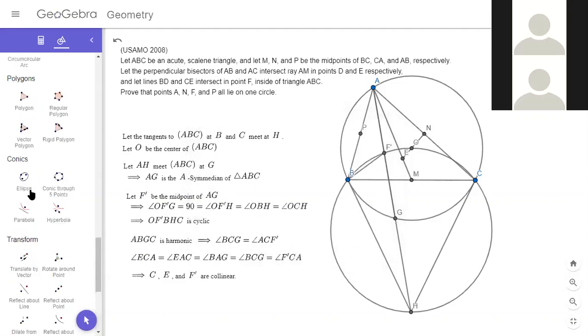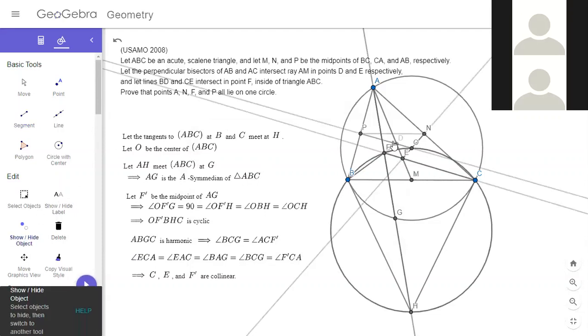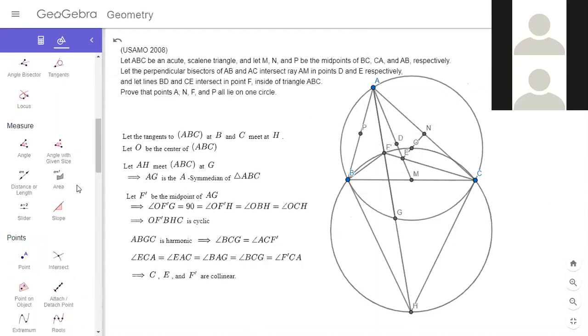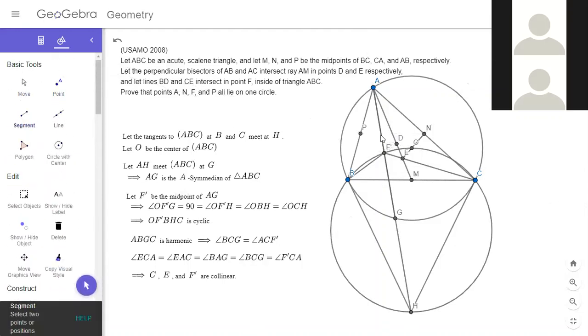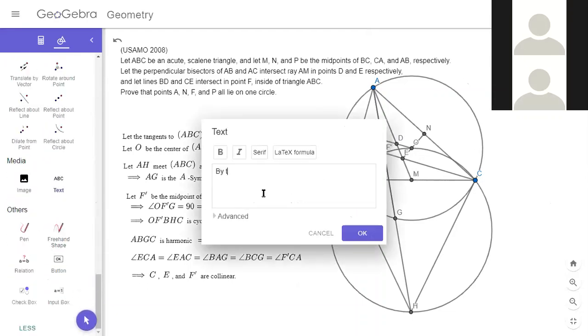And then by the same argument, B, F prime, and E are collinear. So that means that F prime equals F.